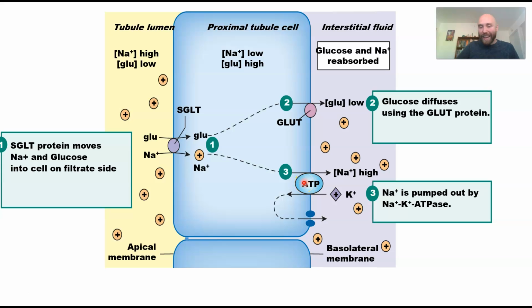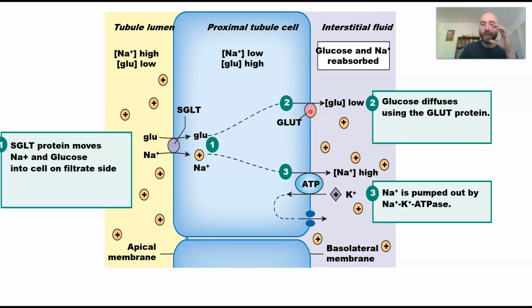So this is the exact same thing we were talking about in the intestines. We have this situation in which glucose will not diffuse into the cell because there's a high amount of glucose within that cell. So what do we do? We hitch glucose to take a ride with sodium, which is going down its concentration gradient, and then glucose is able to naturally diffuse through a different transmembrane transporter here, the GLUT transporters, which is just facilitated diffusion.